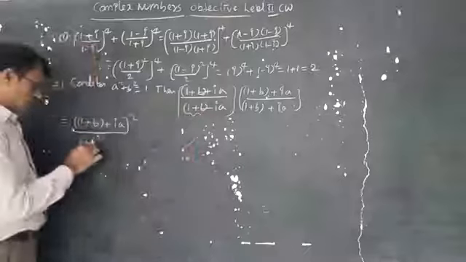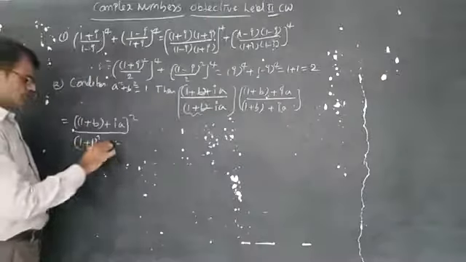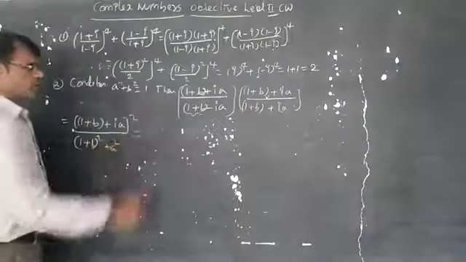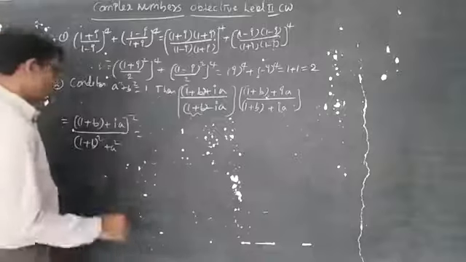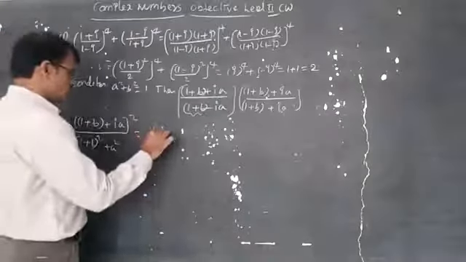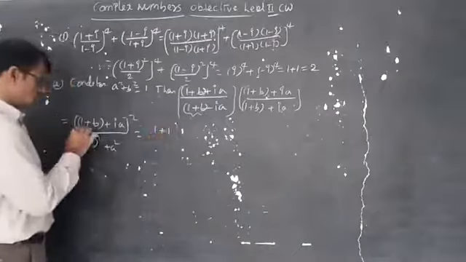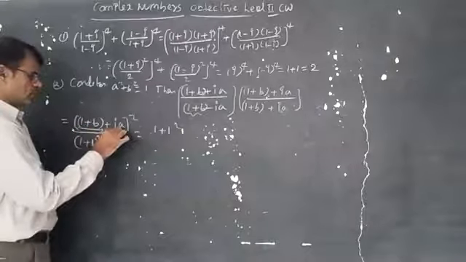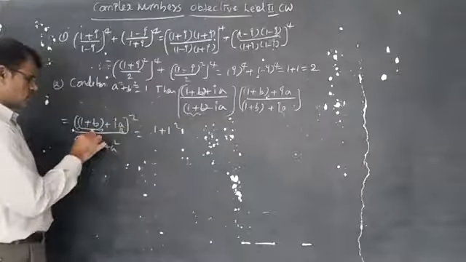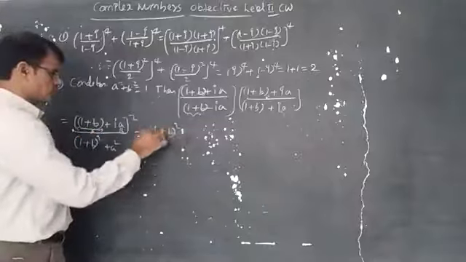So (1 plus b) whole square plus a square by a square plus b square. This is of the form that this is a and this is b. So try to understand the formula of (a plus b) whole square concept.